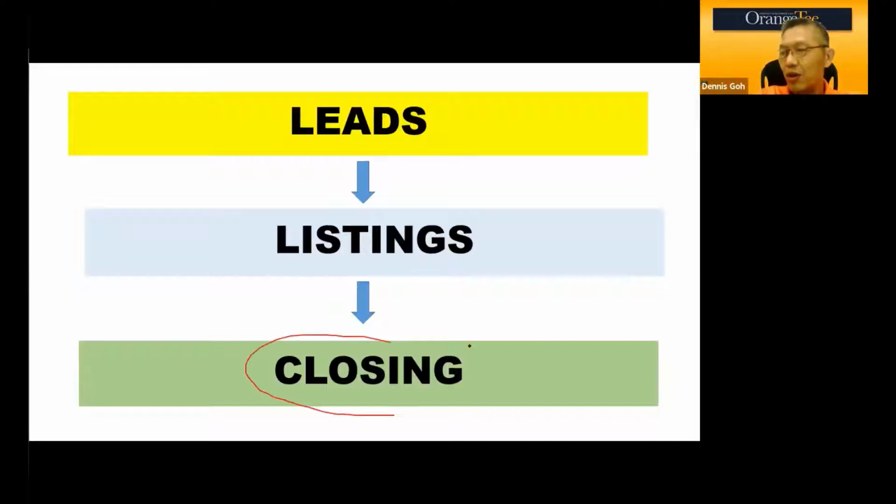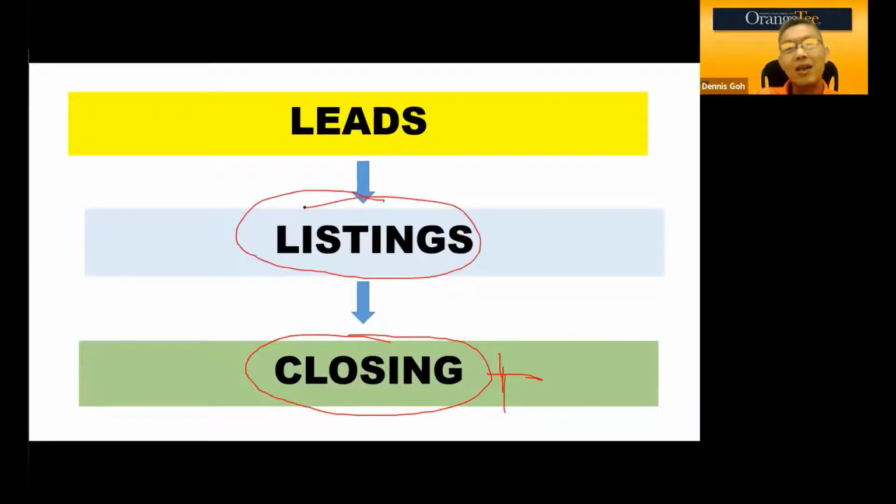All right. So we know that in order to have more consistent closings all the time, we need more listings, am I right? Obviously, the more listings we have, the more opportunity we have to close and get our commission.